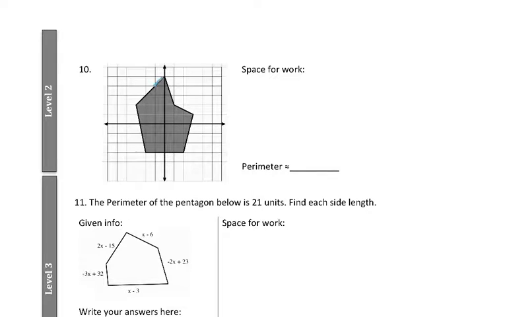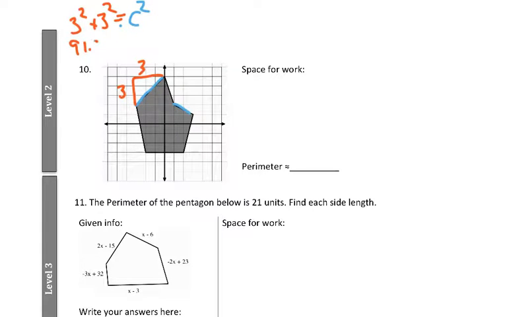So, let me help you out a little bit. Why don't I help you find this side length here, and this side length here, and then I'm going to leave the rest up to you. Okay. So if I wanted to find the length of that side, it's going to help me to make a triangle like this. So 3² plus 3² is going to equal c².